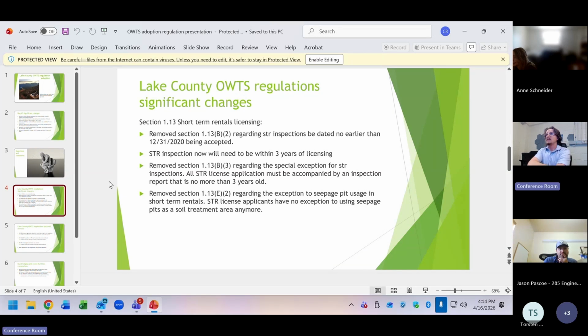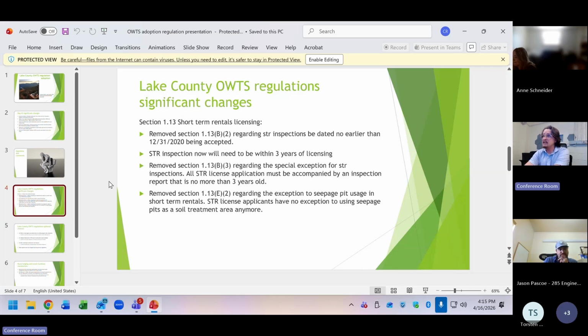The other major section that got removed was the exception regarding seepage pit usage. Seepage pits are not allowed to be used on commercial short-term rental properties like this. Prior to January 1st of this year, 2026 being the cutoff year, you were allowed to have a seepage pit if you had an existing license already.